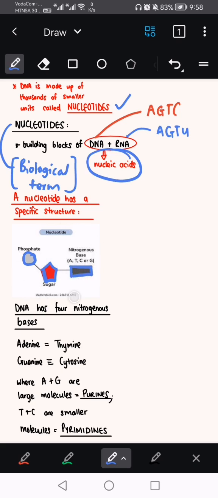Right? This is the DNA. So this is a DNA nucleotide. Right? RNA nucleotide doesn't look different, but there are certain things that change. Now, in a DNA nucleotide, remember that the sugar is known as deoxyribose, whereas in RNA it is a ribose.